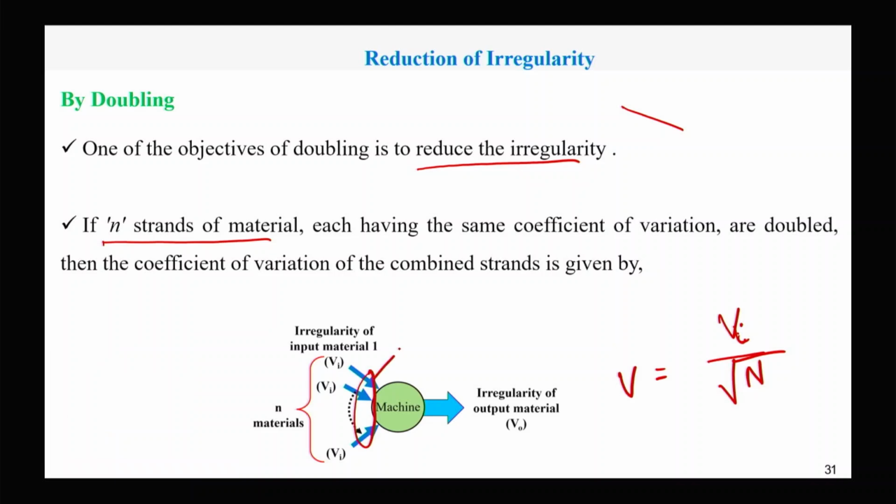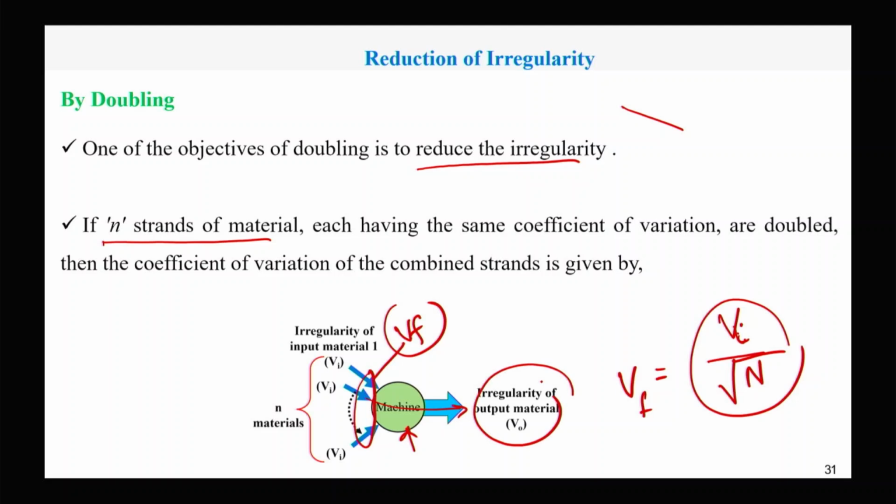This is the fed material, VF. That is the CV of that. Here in the machine, if there is no draft and nothing is added, the same material is coming out, so no drafting is taking place.